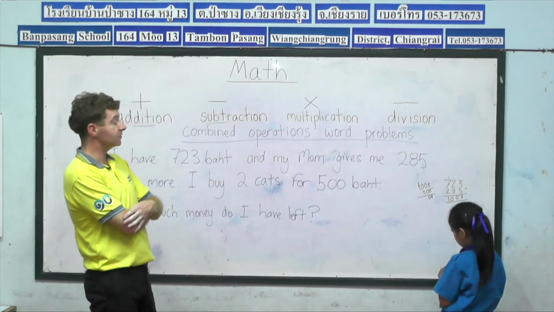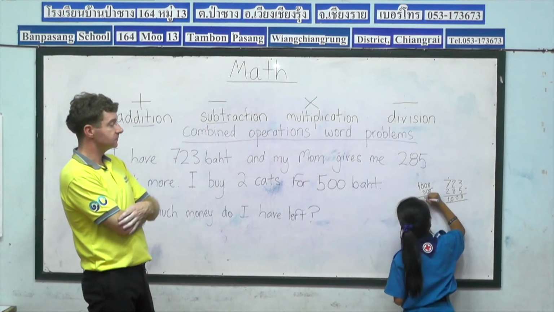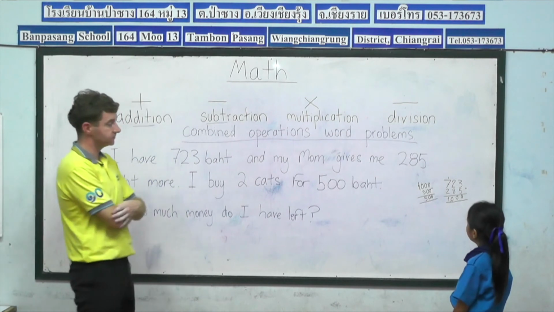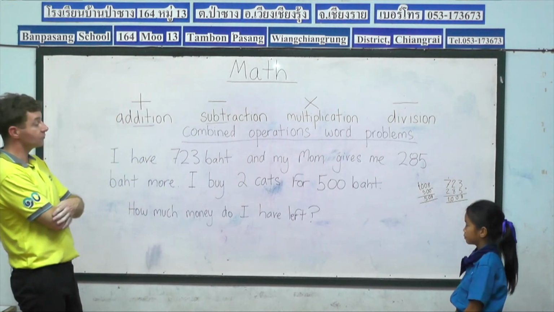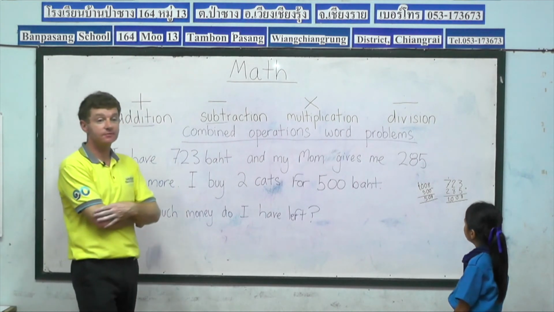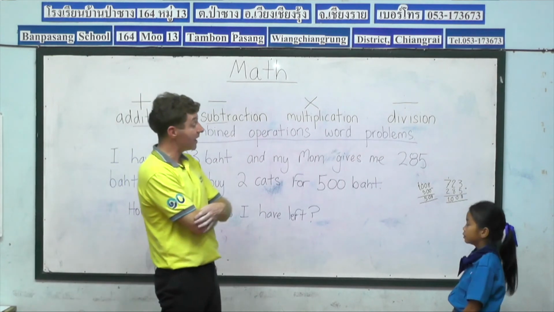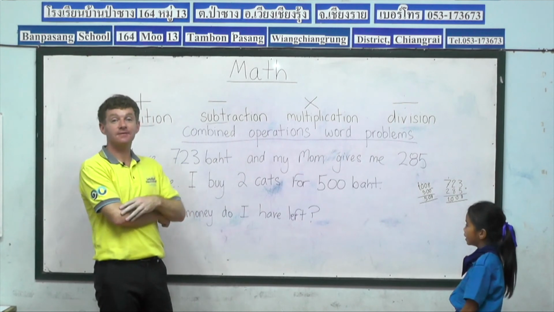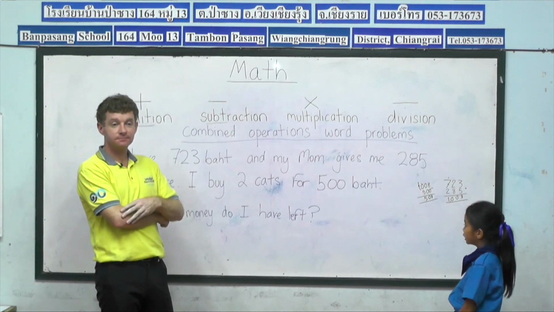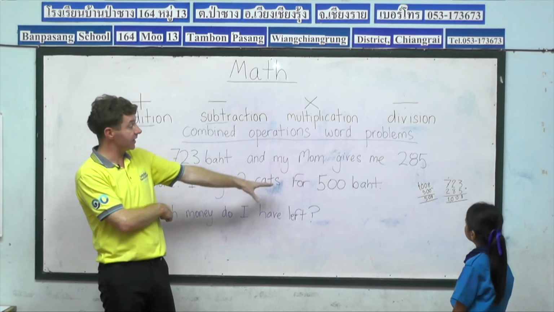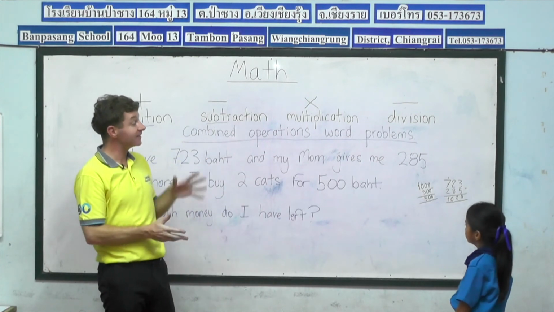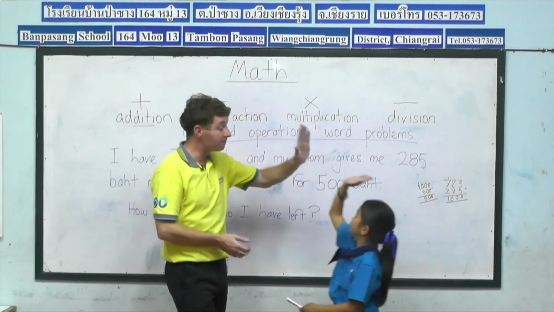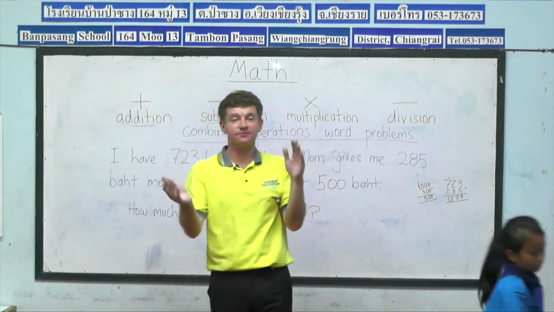So 10 minus 5 equals. Perfect. So now we have our answer. Prel, what's your answer? 508. Okay, so we can say Prel has 508 baht left. After she spent her money on her cats, this is the amount of money that she has left. So Prel, that was excellent. High five and a big round of applause for Prel, please, guys.